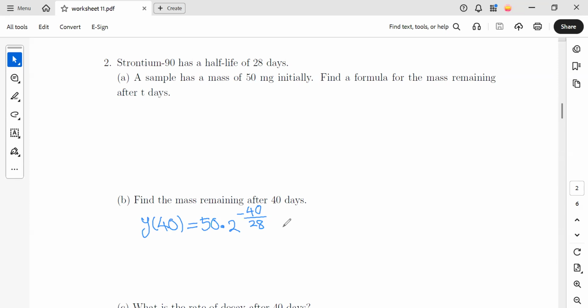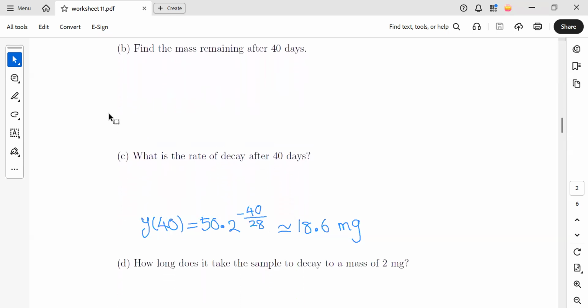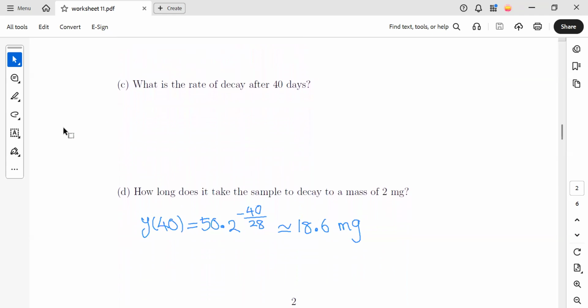So we're going to use calculator, and it will be 18.6 milligrams after 40 days. For part C, now that we have the formula, it would be easier to do that. So part C is about the rate of decay after 40 days. Whenever you see rate, you would think of derivative.